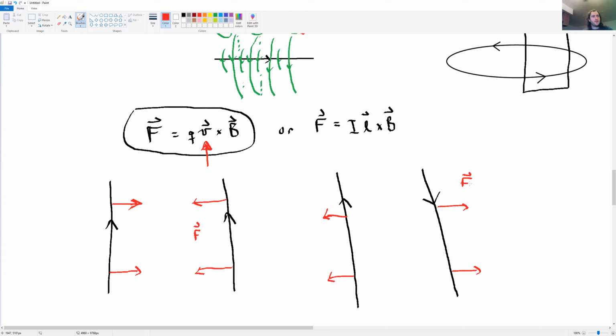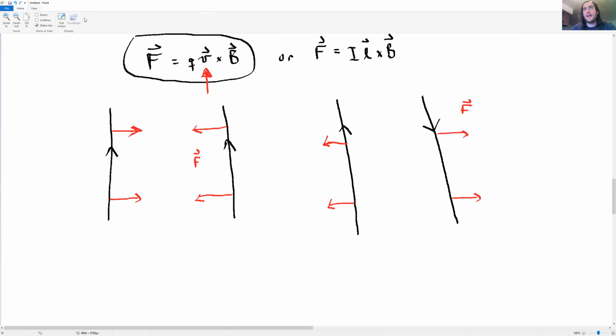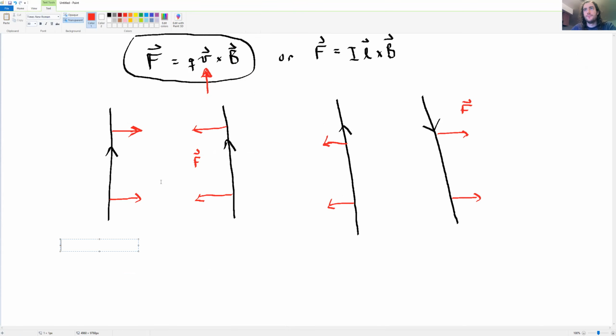Okay, so we can say that whenever current is flowing in the same direction, those current carrying loops will be attracted. And whenever current is flowing in the opposite direction, those current carrying loops will be repulsive. So let's go ahead and type that out actually. So current in the same direction means attractive.